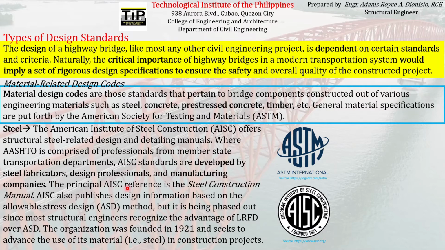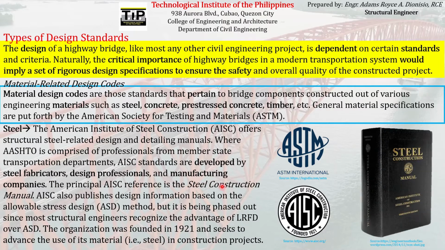The principal AISC reference is the Steel Construction Manual, which is this. You can see here the Steel Construction Manual, 13th edition. I usually use the Steel Construction Manual 13th edition, or the AISC 360-05, because our local code, the NSCP 2015, refers to the 13th edition of the Steel Construction Manual.